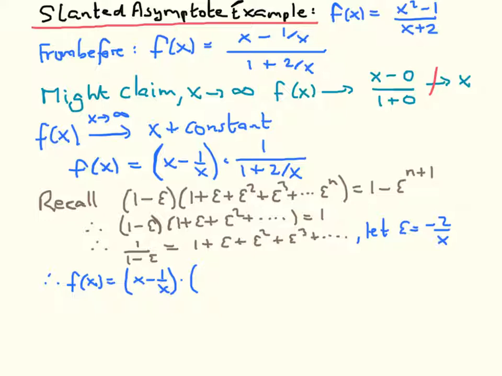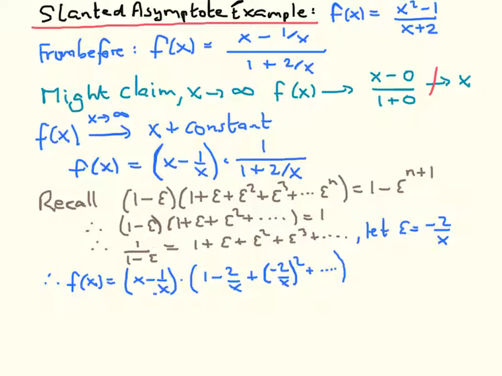So we obtain 1 minus 2 over x plus minus 2 over x all squared plus, and then it's higher powers of minus 2 over x, and I'll close the bracket. So at the moment this looks very complicated perhaps, but it's about to become simple. What we do is we just multiply this out.